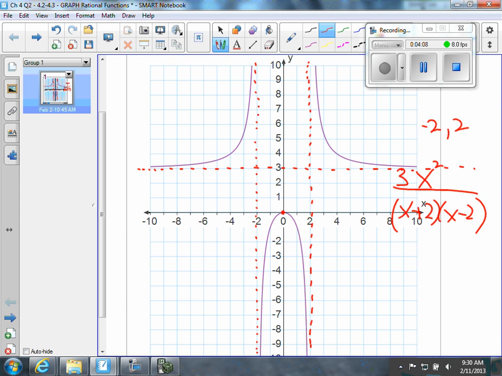If I have an x-intercept there at 0, it means that my function, r of x, has to be equal to 0 where my numerator equals 0. I've got to stop there and make sure everybody understands what I just said. I have an x-intercept. An x-intercept tells me where my numerator is equal to 0.